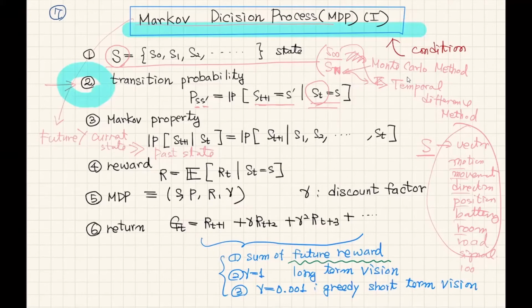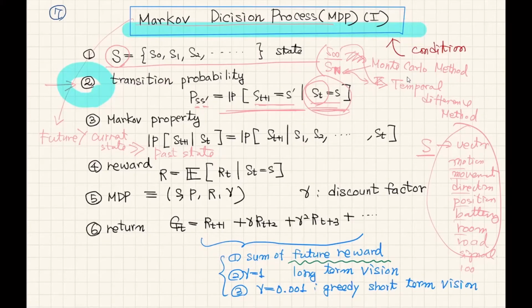The most important requirement is that to decide the next state, what you need to know sufficiently is the current state. You don't need to know ST minus 1, ST minus 2, ST minus 3, and so on. In human relationships, it is also good to forget what he has done before. You don't need to remember the emotions related to what he said or did yesterday or the day before. After sleep, please forget that and start again.